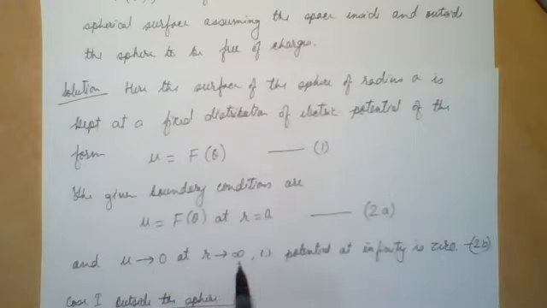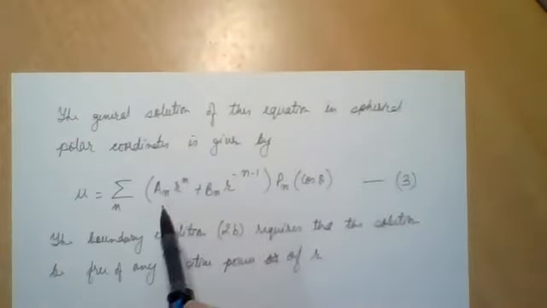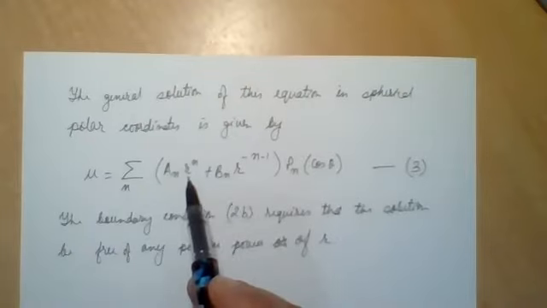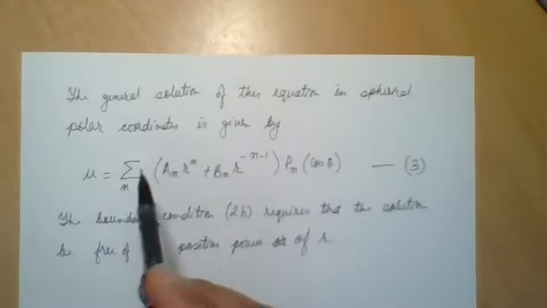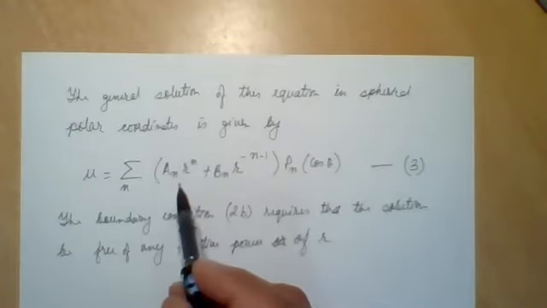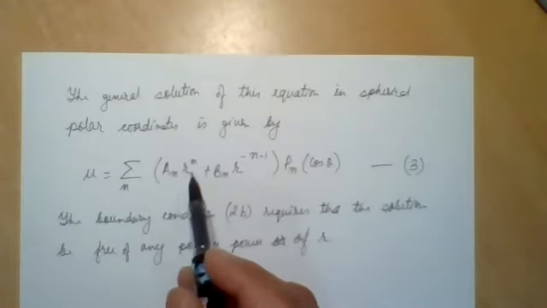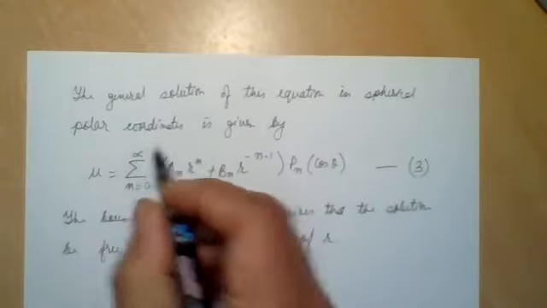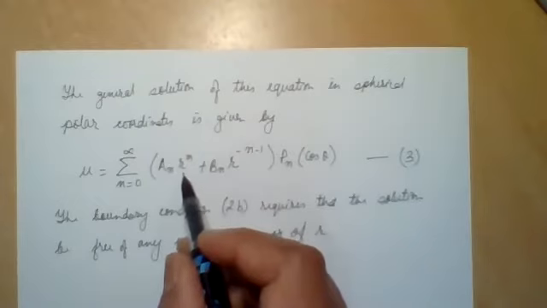So here is the expression for the potential. When you put R equal to infinity, this term diverges, means this term goes to infinity.